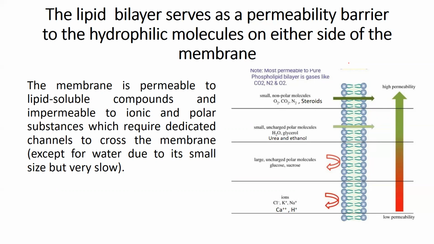Certain molecules, or gases, can cross the lipid bilayer very easily. This is very important. You can see here we have gases like oxygen, carbon dioxide, nitrogen. These are small and uncharged, and they can easily pass the membrane. No need of help whatsoever. They can just cross.